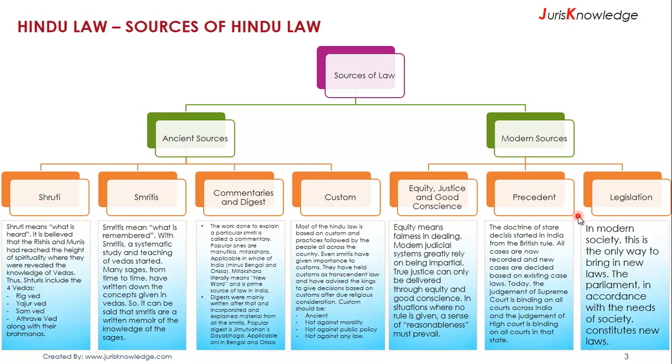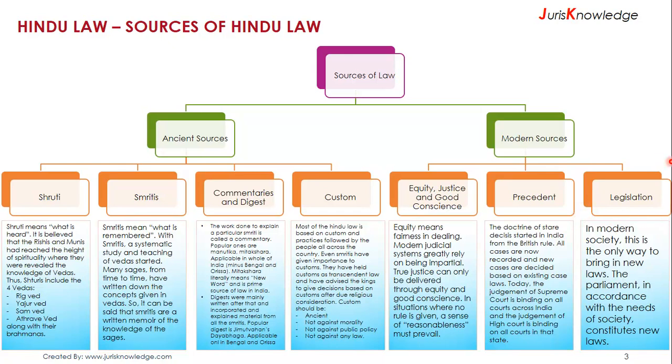Now, the doctrine of stare decisis started in India from the British rule. All cases are now recorded and new cases are decided based on existing laws. Precedent is something which is very prevalent in London and in the UK. However, today the judgment of the Supreme Court is binding on all the courts across India, and the judgment of a High Court is binding on all the courts in that state, which basically means that in the Indian court system as well, precedent is followed.